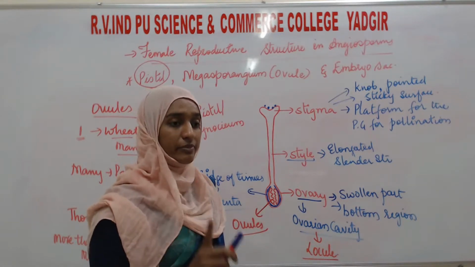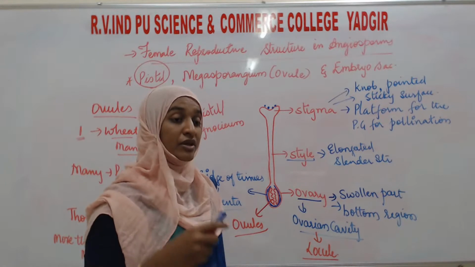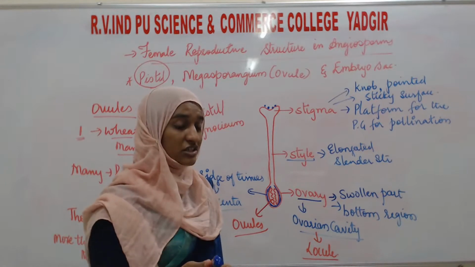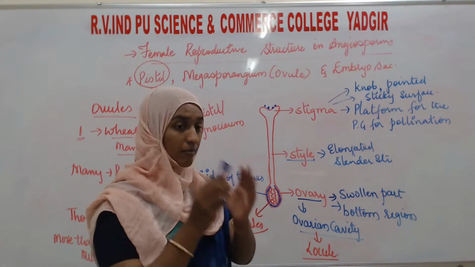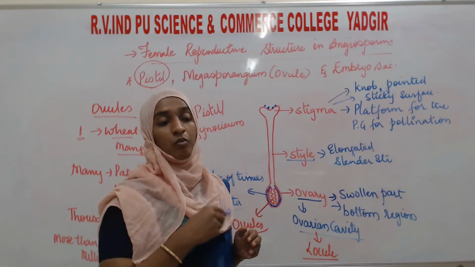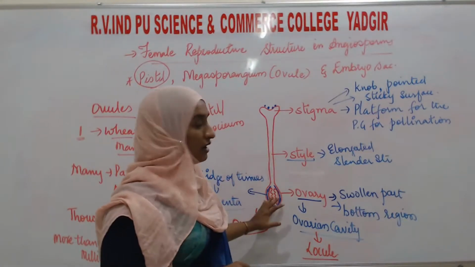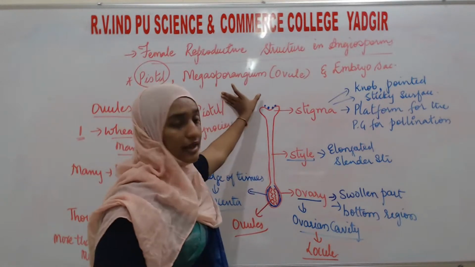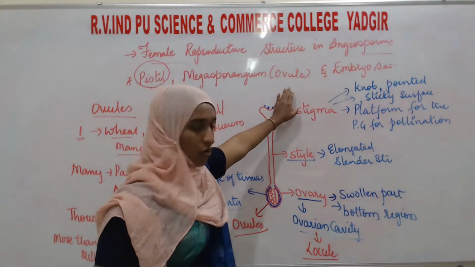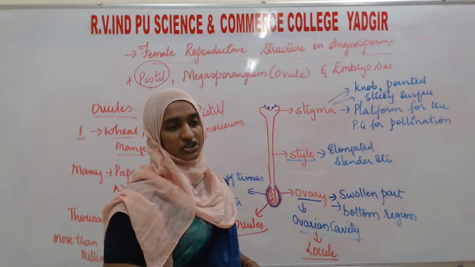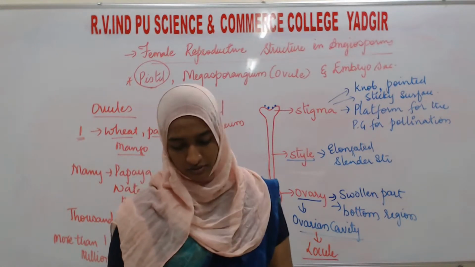In some it will be 1, in some many, in some plants 1000, and in rare cases more than 1 million. So this is about the pistil. Next is the megasporangium or ovule. This we will study in the next class. Okay, thank you.